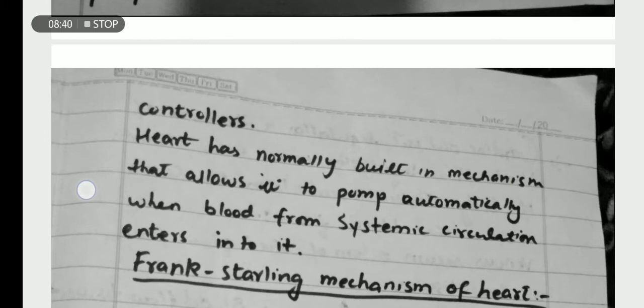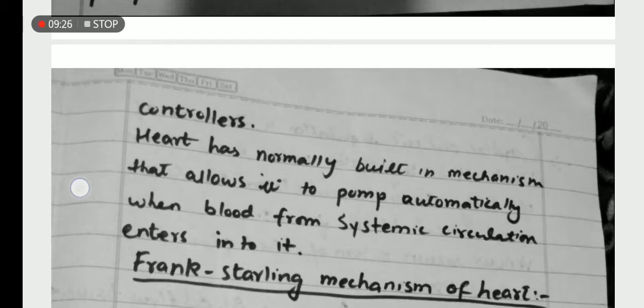The human heart has a normally built-in mechanism of contraction that allows it to contract rhythmically, because the heart has the sinoatrial node, and the walls of the sinoatrial node are naturally leaky to the sodium ion, so an action potential generates in the sinoatrial node, and then it is transferred over the whole heart, because atrial fibers are attached with the fibers of the sinoatrial node, and then the fibers of the atrial tissue are attached with the ventricle.